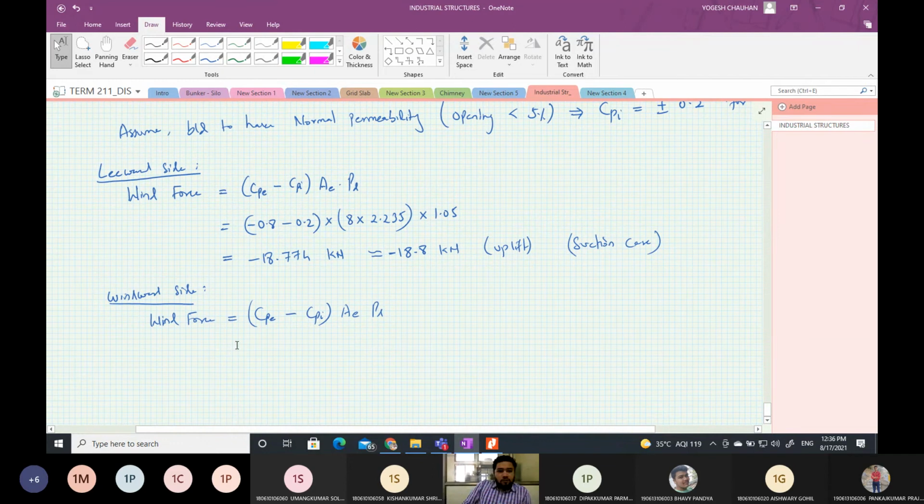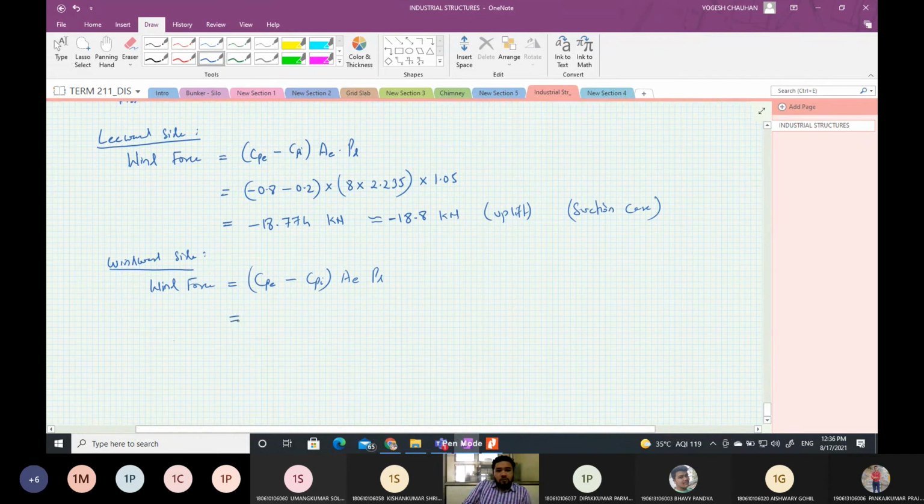So this is (minus 0.37 minus 0.2) multiplied by 8 into 2.235 multiplied by 1.05.